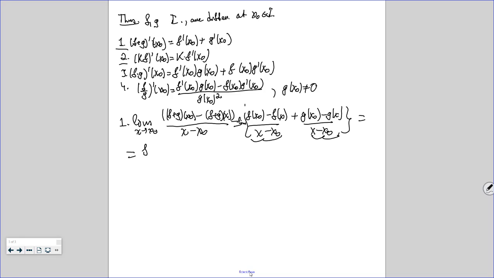Then this is just f prime x0 plus g prime x0. The second is done the same way.